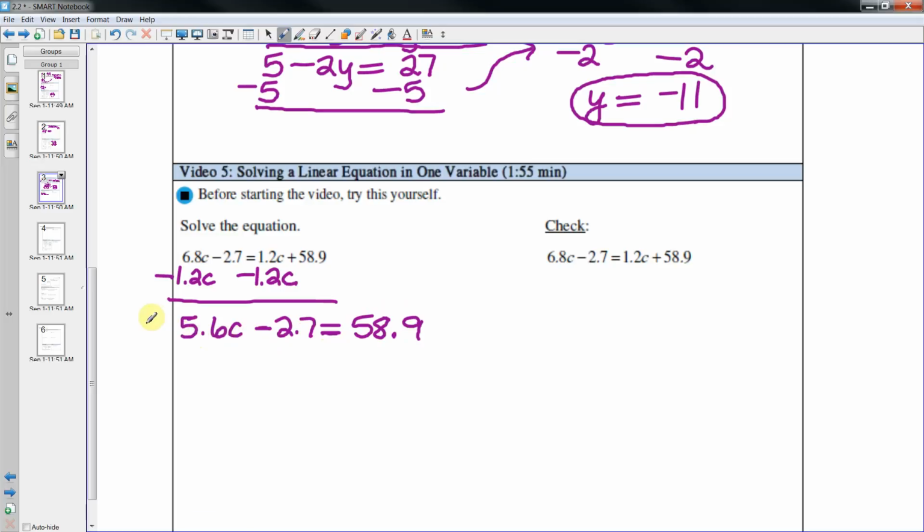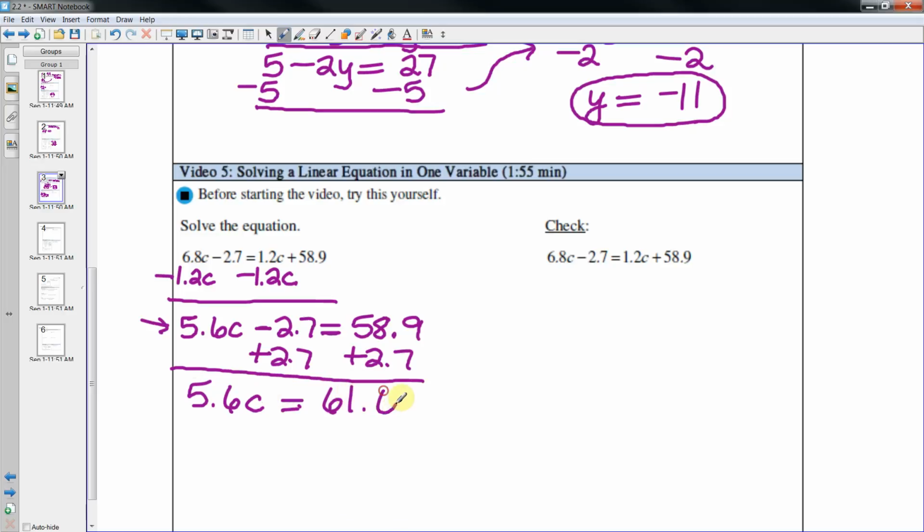Now I've got my C's over here on the left, right there. So I'm going to add the 2.7 to get it to the other side. So now I've got 5.6 C equals, I need to take 58.9 and add 2.7 to it. So that gives me 61.6.